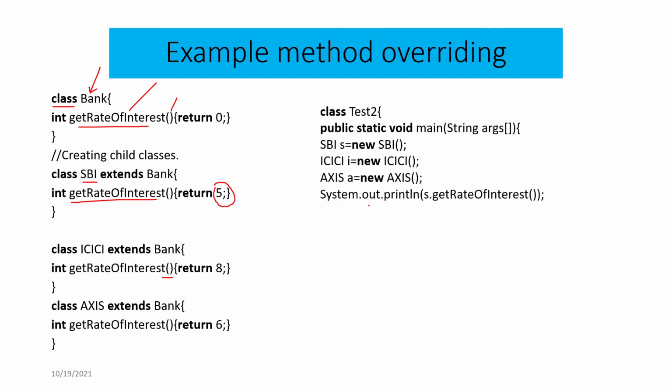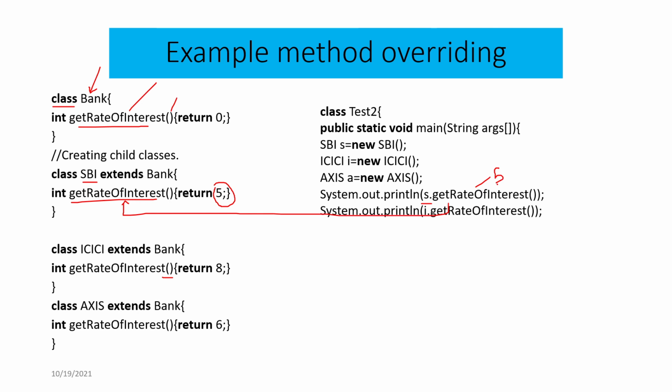Here System.out.println: s is the object I have created for the SBI class, so this will call s.getRateOfInterest. What will happen is this will come here and return 5, so 5 will be printed.